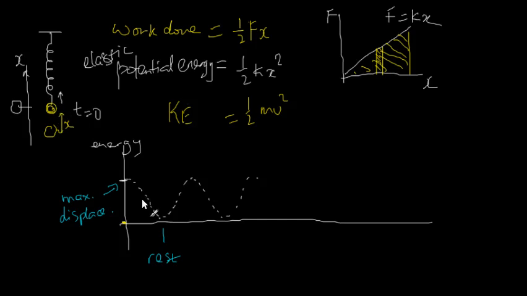So at the rest position, I have maximum kinetic energy. The graph should look like that. Now you can see this opposite trend: whereas the potential energy comes down, kinetic energy goes up, and they get converted into each other.